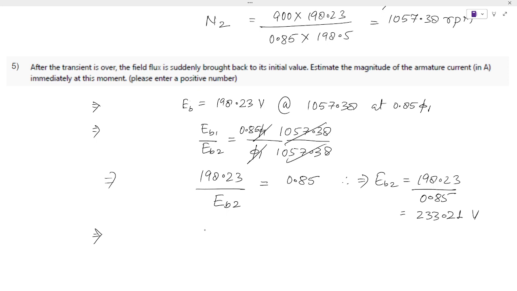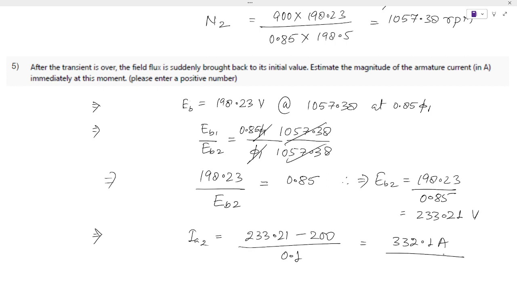This is something called braking. So what will be the current immediately, the transient current? That will be 233.21 minus 200 by the armature resistance, that is 0.1. That will be 332.1 something amperes.